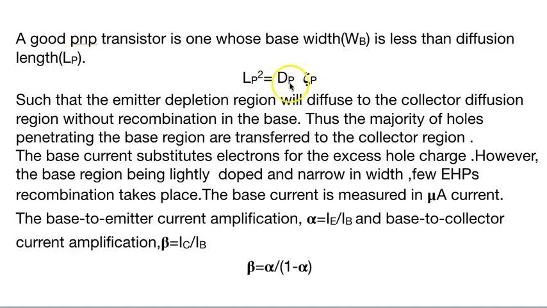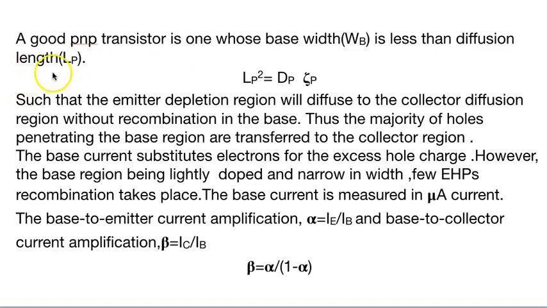Diffusion length is actually the length or penetration that a carrier travels in a region before combining with an electron-hole pair, traveling in the opposite charge carrier region.